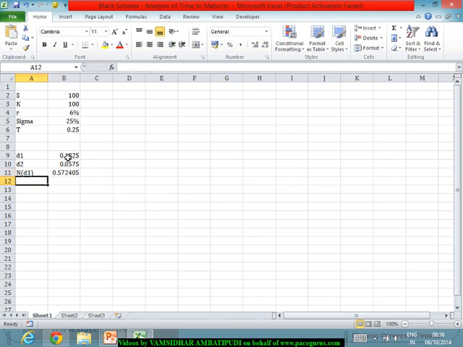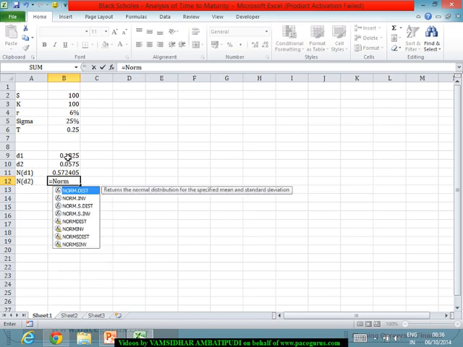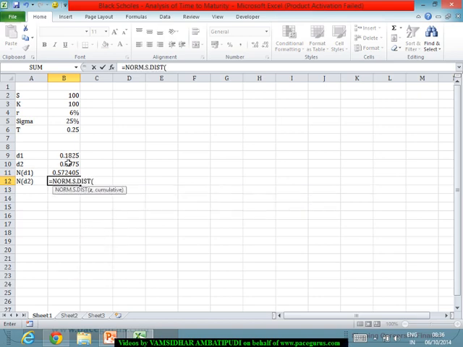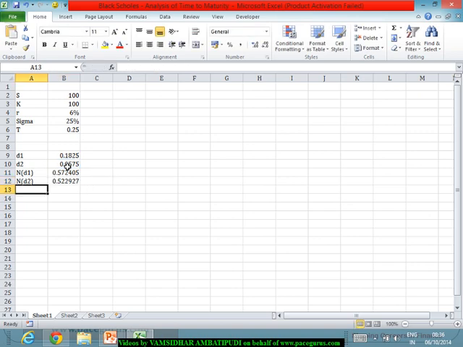So N(d1) is coming out to 0.57, and similarly N(d2) is coming out to 0.52.